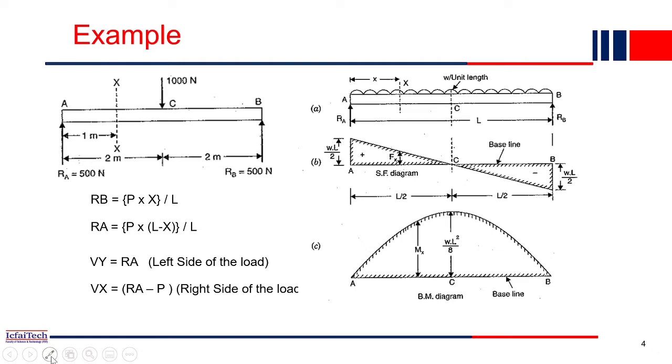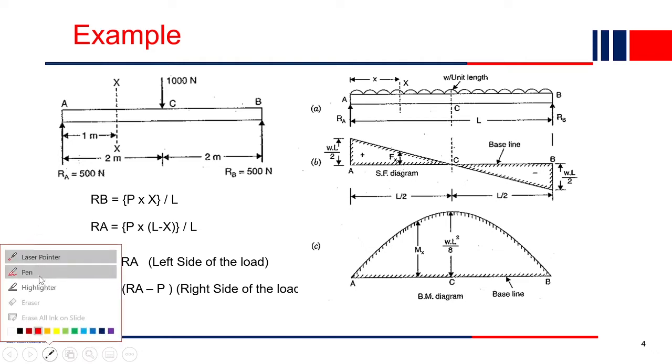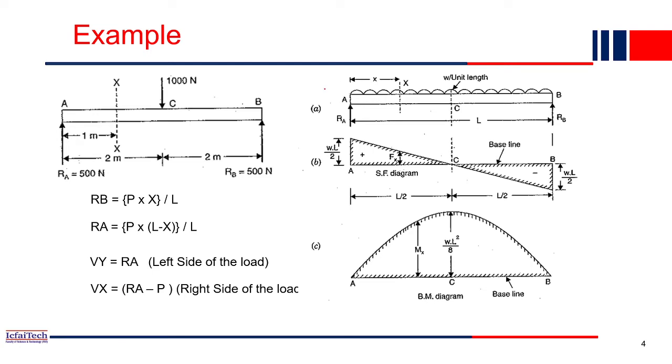So let me do it here. How much force is acting downward in total? The UDL is W per unit length, but the total length is L. So the total load acting downward is W into L, WL.